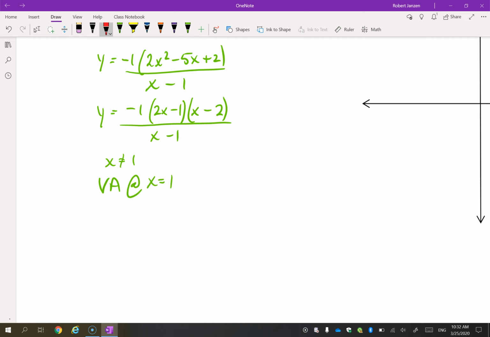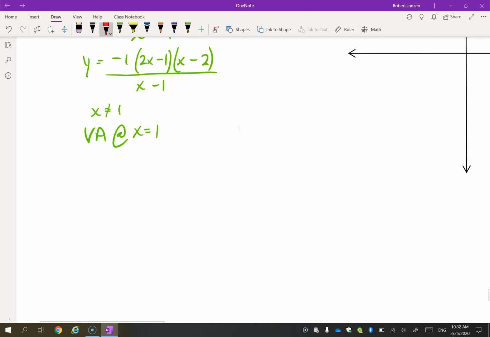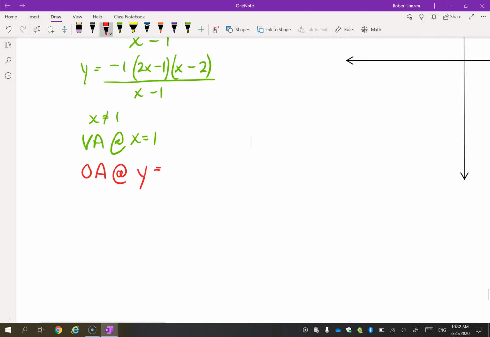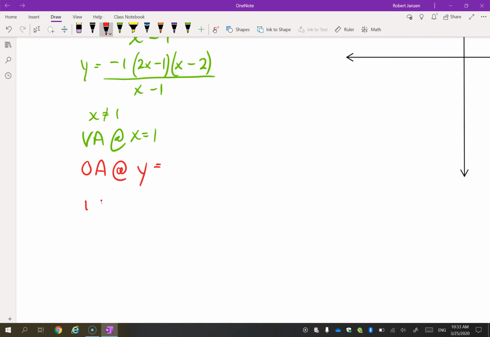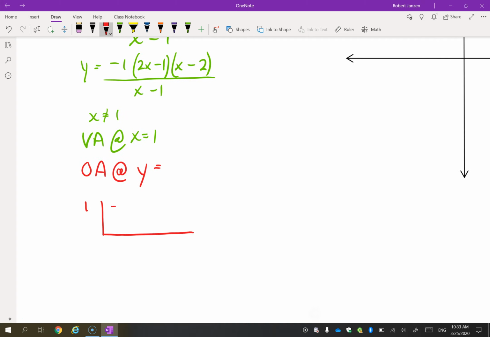And then we have to decide what's going on for horizontal or oblique. If you have degree 2 over degree 1, what does that mean? That means we have an oblique asymptote at y equals something. How do we figure that out? Synthetic division. Okay, so I have negative 2, 5, and 2.